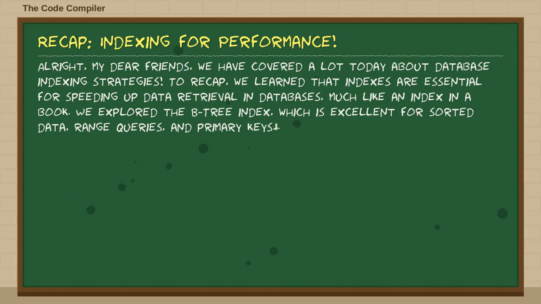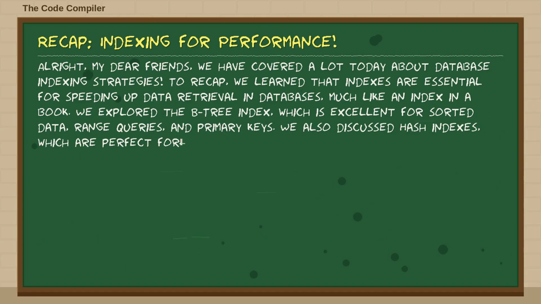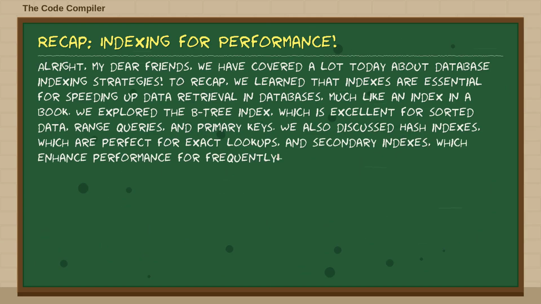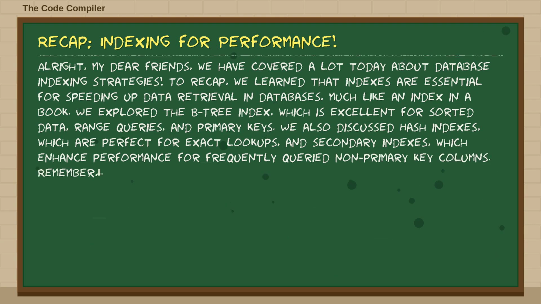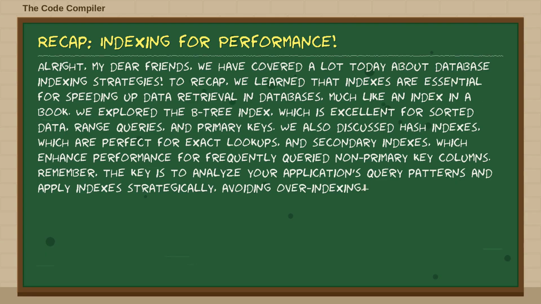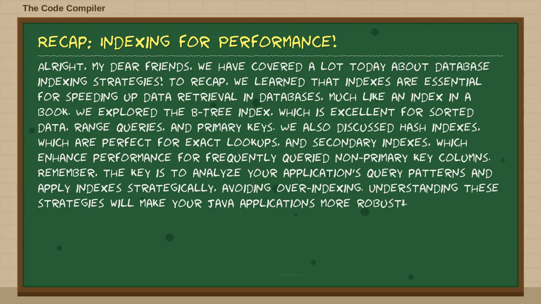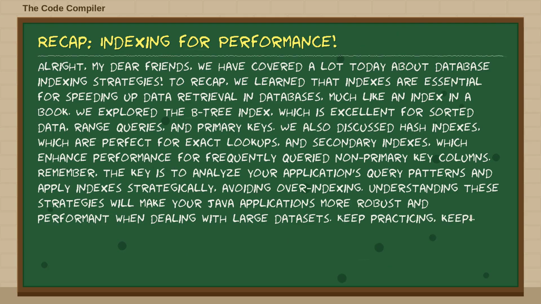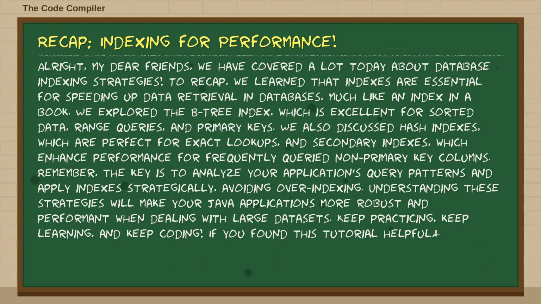We also discussed hash indexes, which are perfect for exact lookups, and secondary indexes, which enhance performance for frequently queried non-primary key columns. Remember, the key is to analyze your application's query patterns and apply indexes strategically, avoiding over-indexing. Understanding these strategies will make your Java applications more robust and performant when dealing with large datasets. Keep practicing, keep learning, and keep coding.